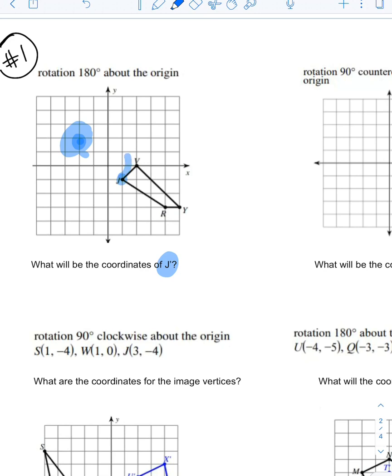See that? If I go 1, 2 jumps to the left or 1, 2 jumps to the right. So I know I'm going to end up somewhere in here. I've got to get that in my mind. So now I read the point. J is at (1, -1).